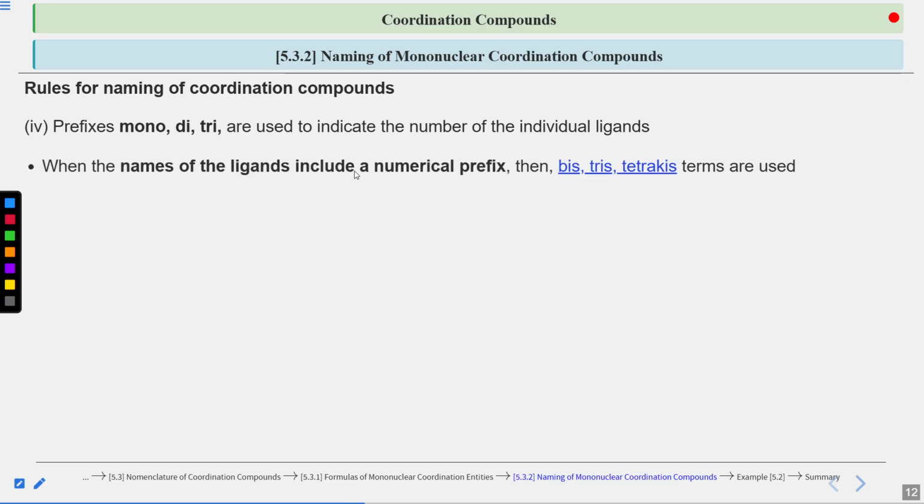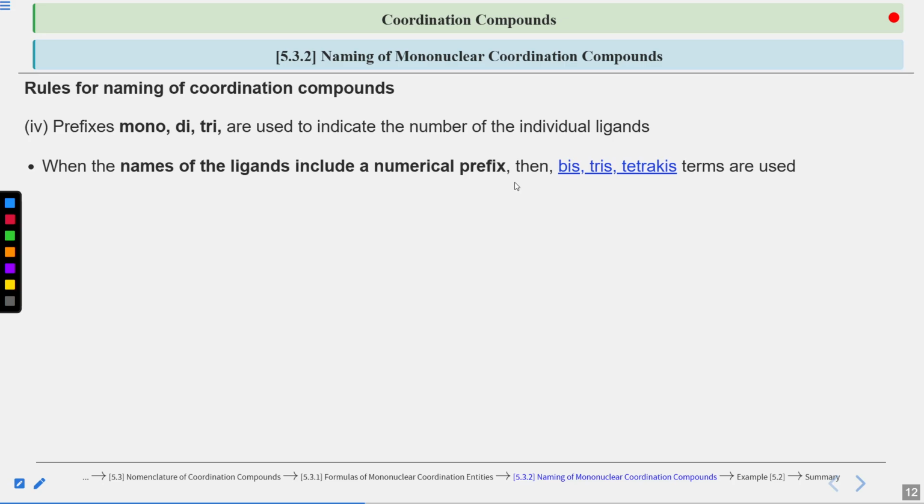When the names of ligands include a numerical prefix, then the terms bis, tris, or tetrakis are used. What if the ligand name already has mono, di, or tri in it before you even use it while naming the coordination compound? There are some cases where ligands already have mono, di, or tri in their name.